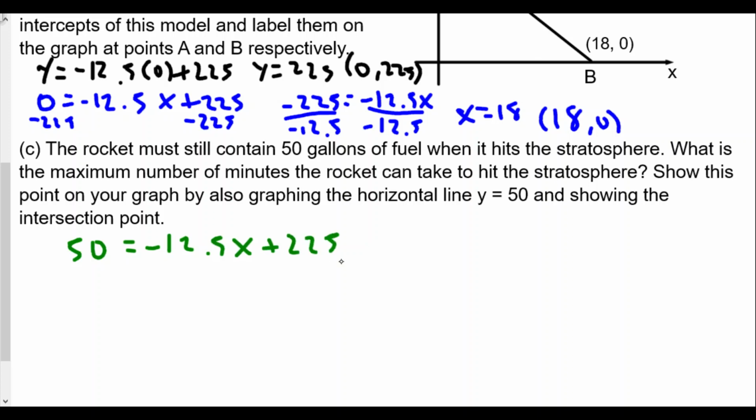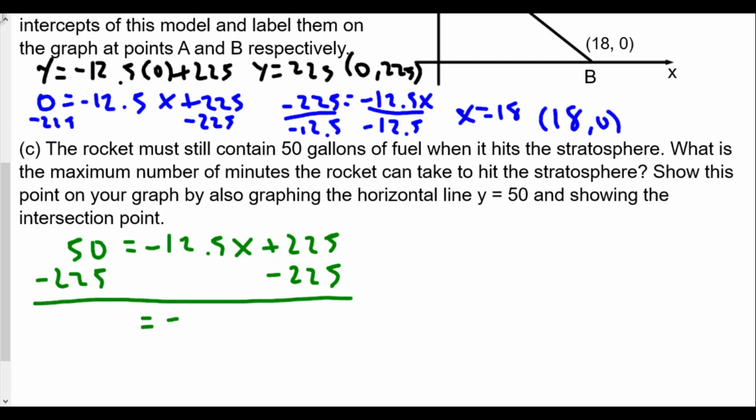All right, so again, we're going to subtract 225 from both sides because we'll isolate x by itself. And so on the right side, we have negative 12.5x. And on the left side, well, negative 225 plus 50, same as 225 minus 50, is going to be 175 with a negative value here. Okay, and then we're going to divide both sides by negative 12.5.